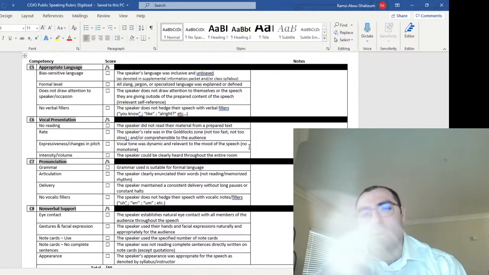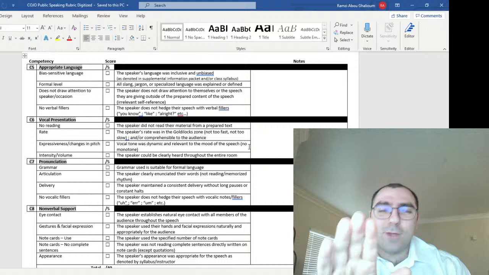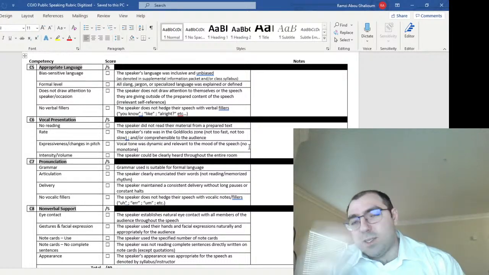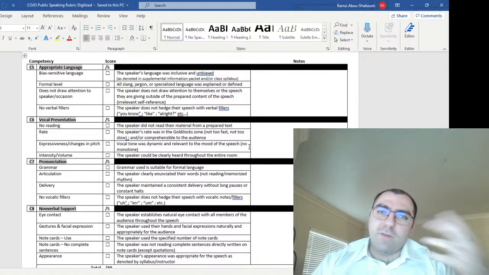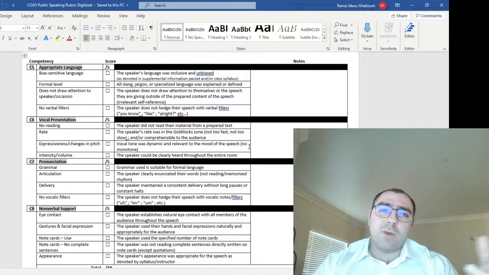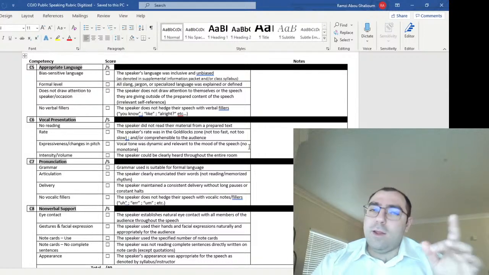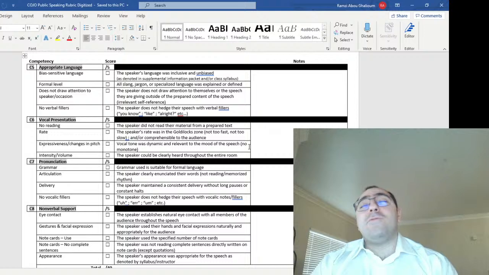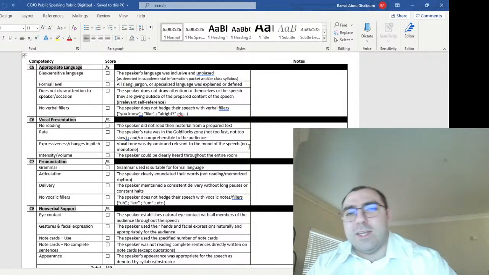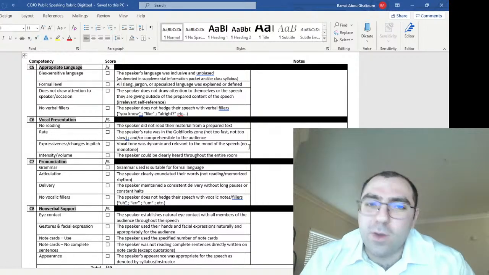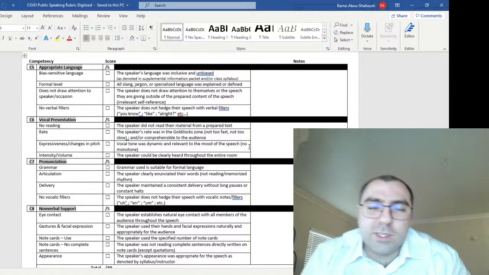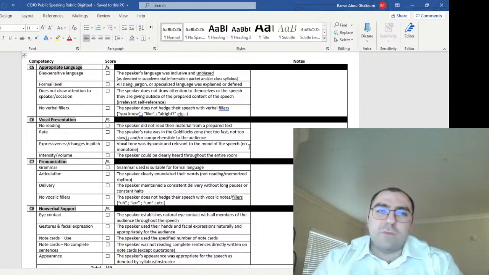Also, if you're speaking very quickly, you might not meet your time requirements. Similarly, and this is the more common one, if you're speaking very slowly, you might really exceed your time limits. So remember, you want to be within that 4 to 6 minute sweet spot. You want to be as close to 5 minutes as possible.